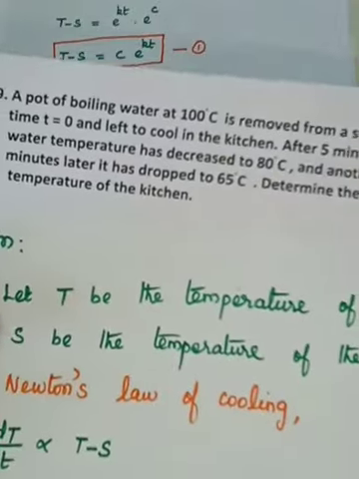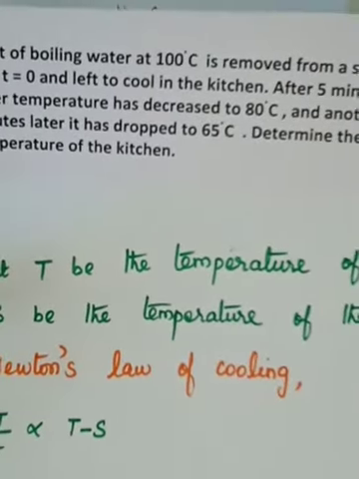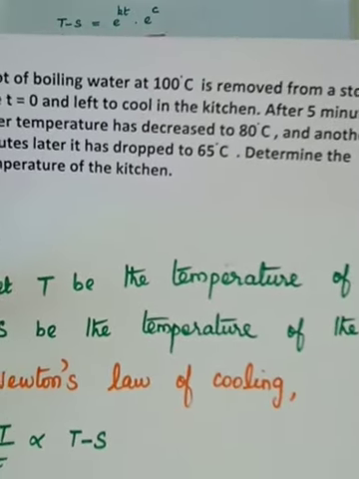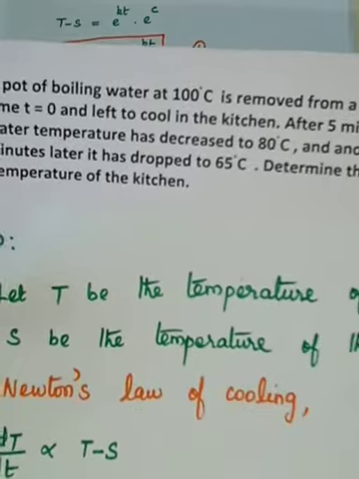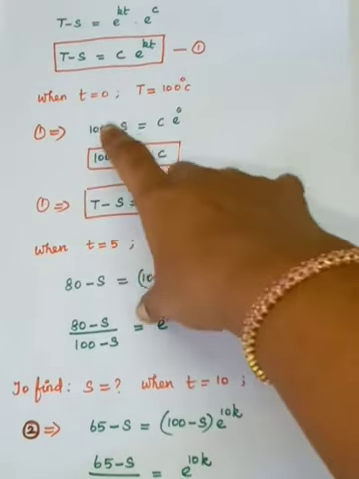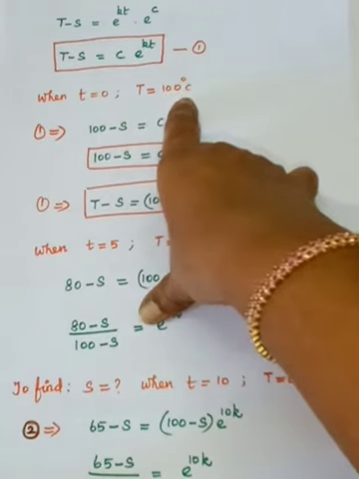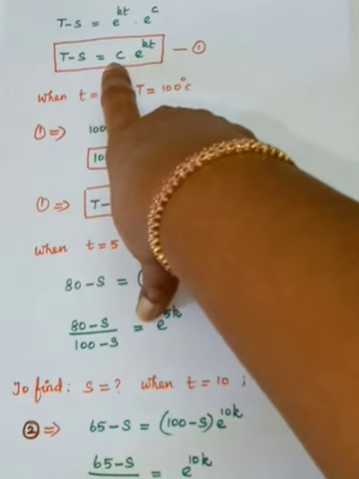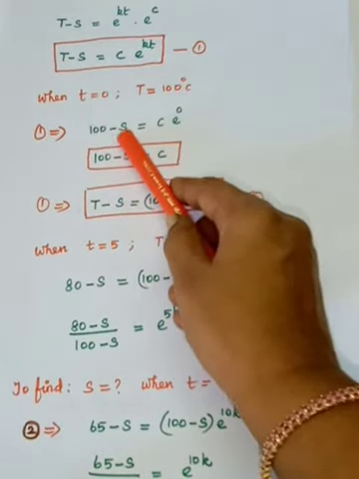A pot of boiling water at 100 degrees Celsius. So what is 100 degrees Celsius? It's the temperature of the water initially. So when t is equal to 0, the temperature of the water is 100 degrees Celsius. So it has to be substituted in the first equation. So 100 minus S. S is not given.